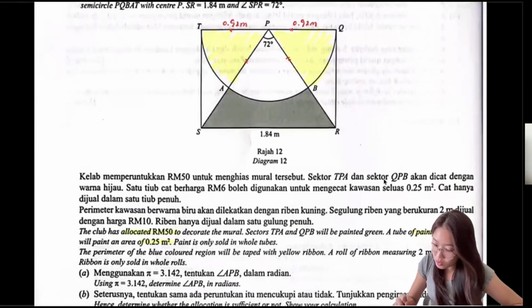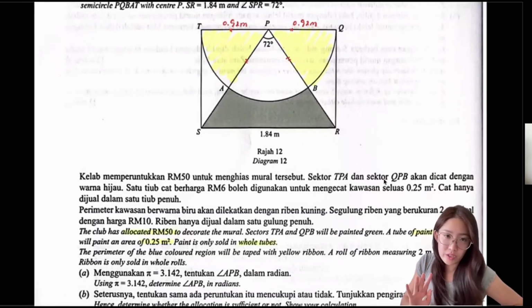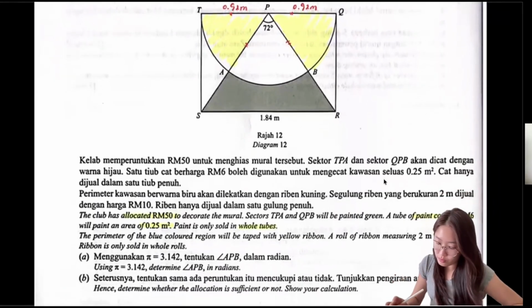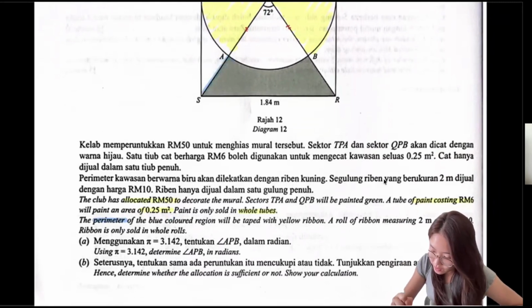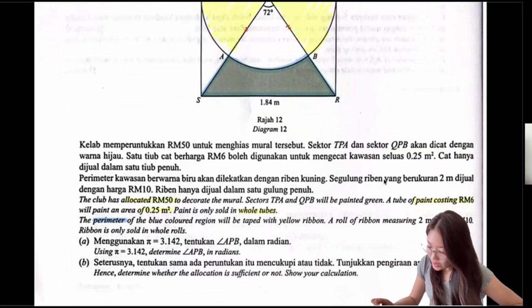Paint is only sold in whole tubes, meaning they don't sell half a tube or a quarter of a tube, only the full tube. And the perimeter of the blue colored region, which is AS, SR, BR, and AB here, will be taped with yellow ribbon.